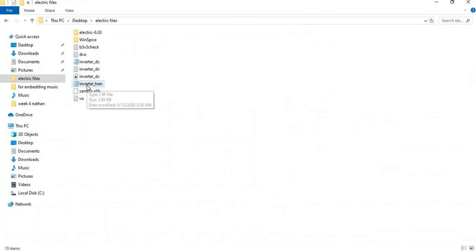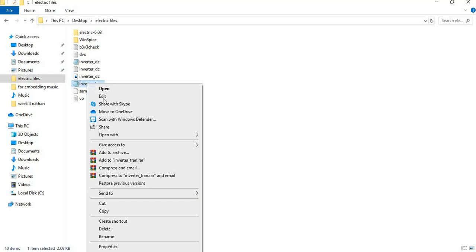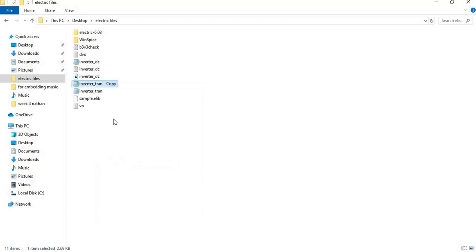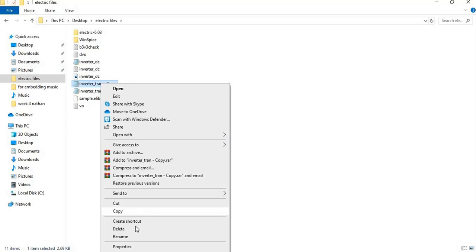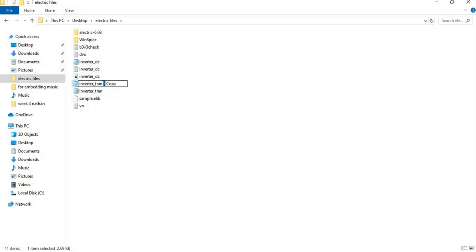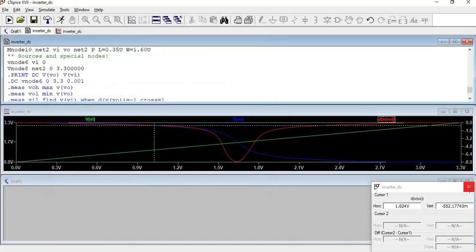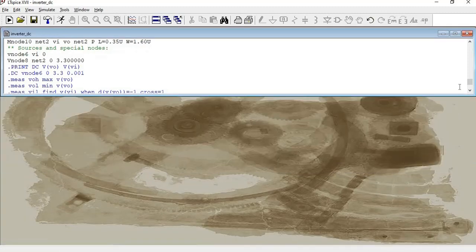Let us just rename this inverter Tran. Copy, so you will have a backup. Rename this as inverter Tran 2. From your LTSpice, you can just close the other simulations.